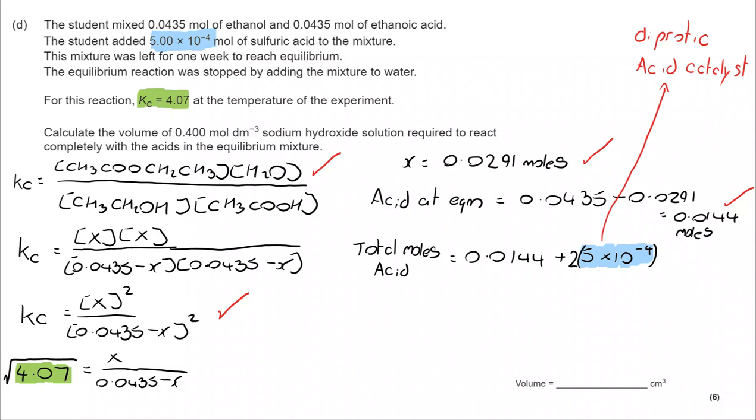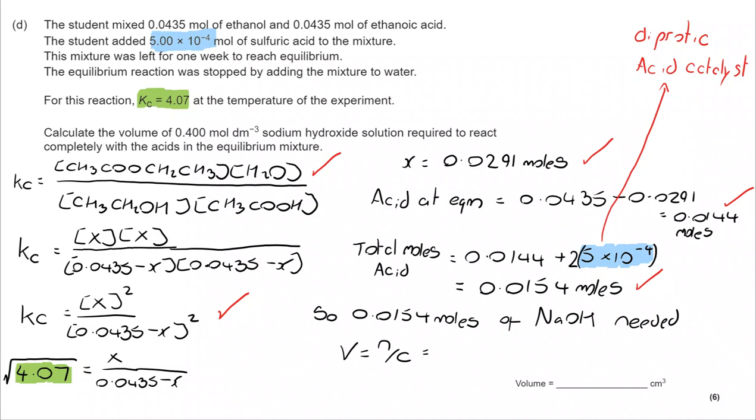So my 0.0144 moles of ethanoic acid, I've now also added 10 by 10 to the minus 4 moles of H+ in my sulfuric acid. I now know that I had 0.0154 moles of H+. I'm reacting that against NaOH.